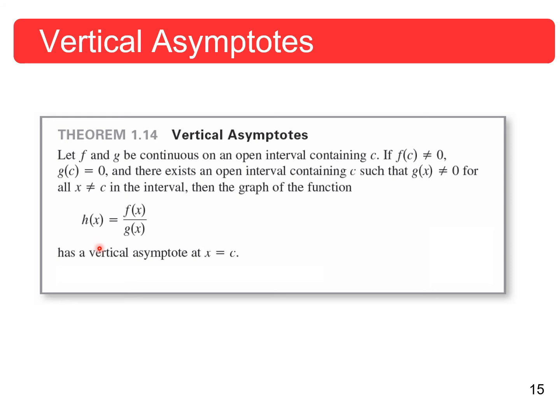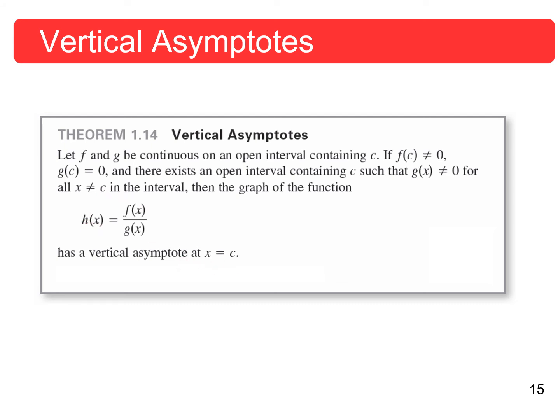If we have a rational function of the form f of x over g of x, where f of x and g of x are continuous on an open interval containing c, f of c must not be 0, and g of x is 0 at x equals c, and on the open interval containing c, g of x is not 0 except at c, then the function has a vertical asymptote at x equals c.